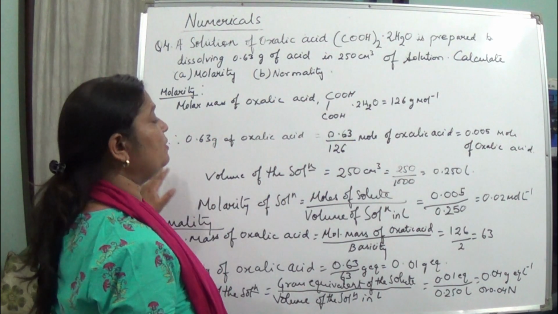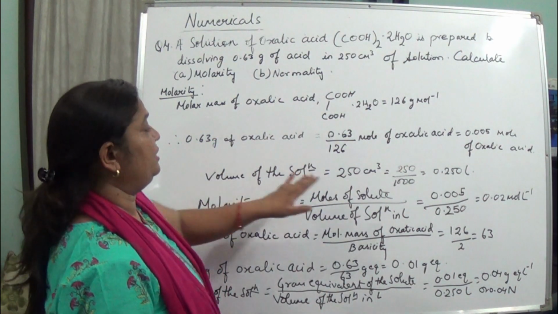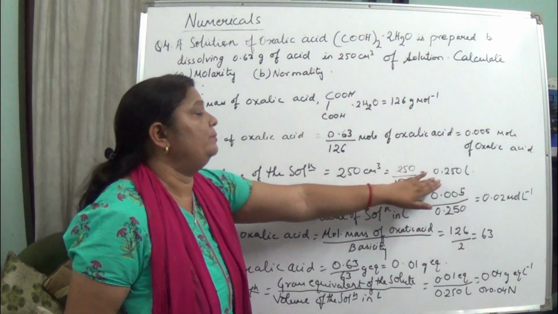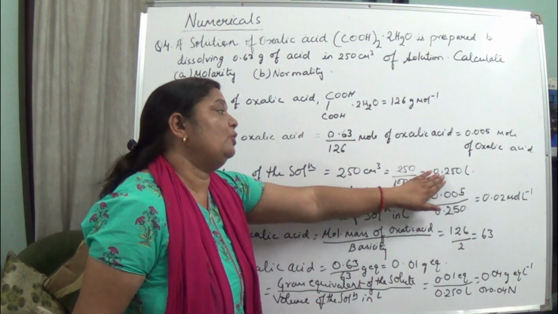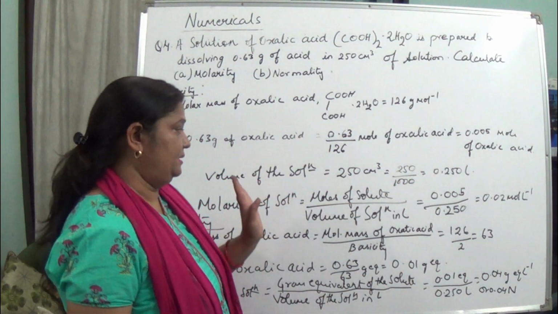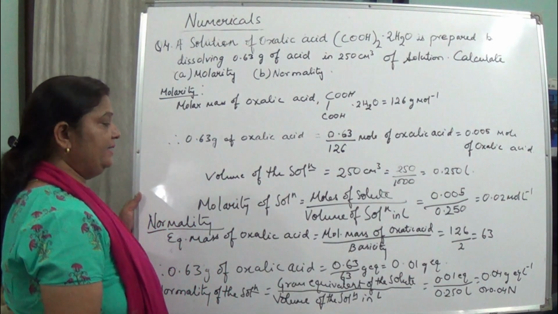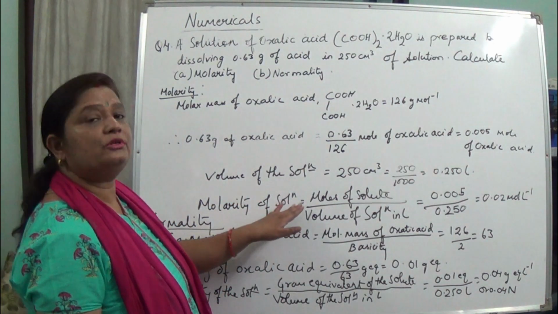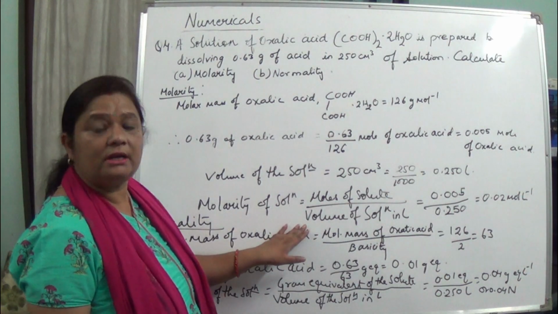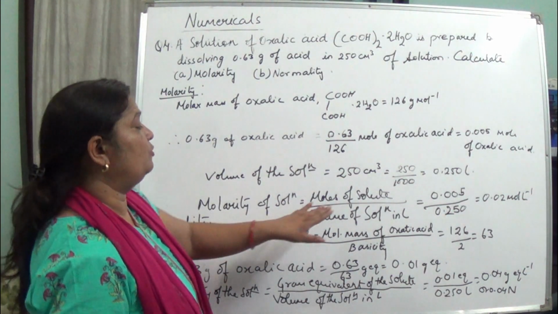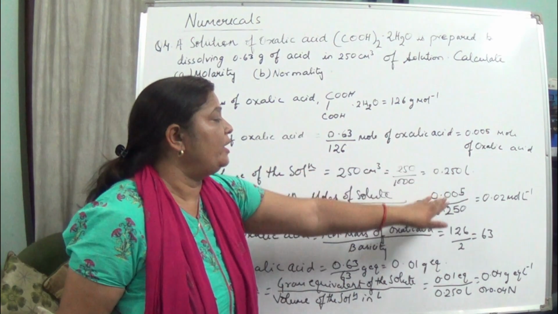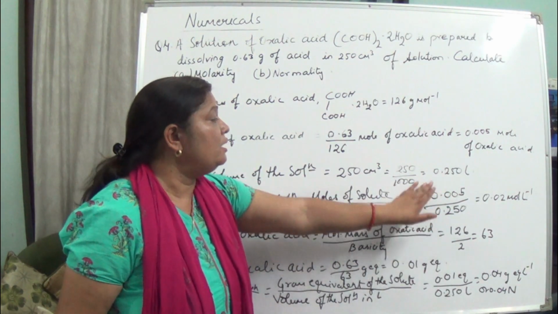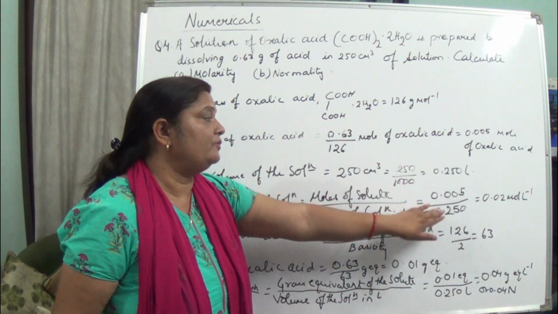So volume of solution in liters, when we change 250 centimeter cube, you will get 0.250 liters. Now the molarity formula, you know: moles of the solute upon volume of solution in liters. The number of moles is 0.005 upon the volume 0.250.